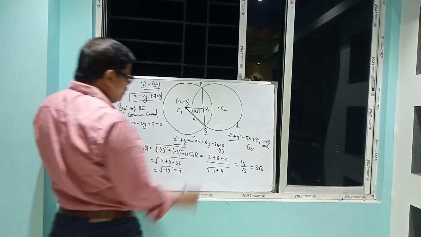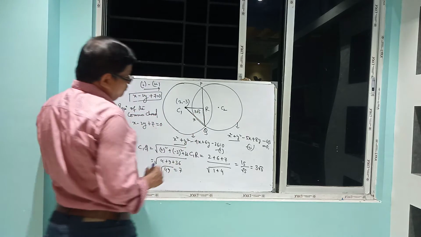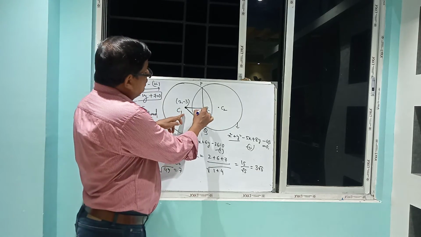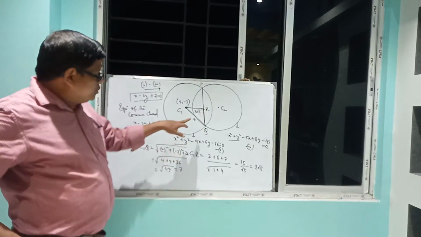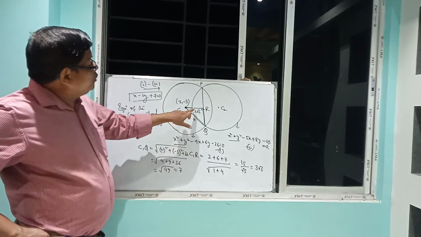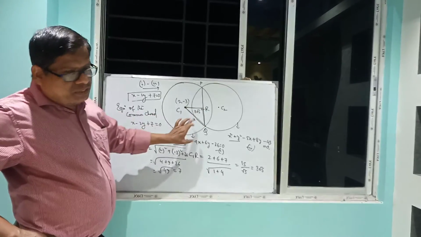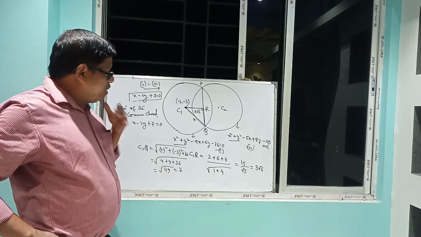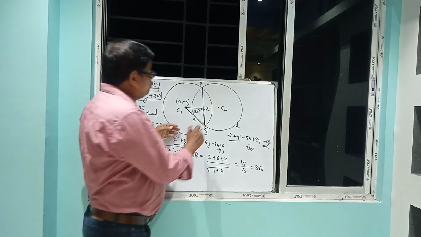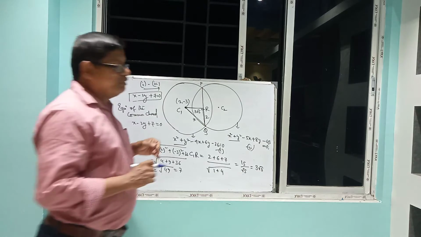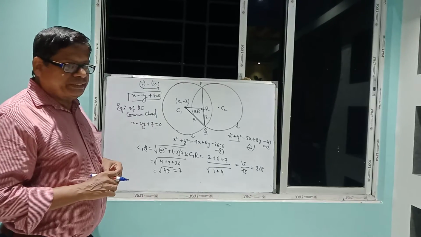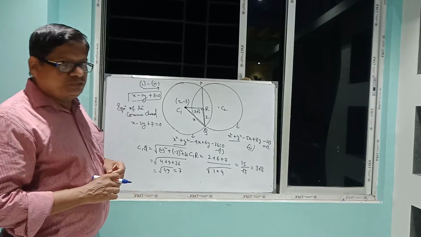Now find out this one. You know this 90-degree angle is there, Pythagoras theorem. So 49 equal to 45 plus this part, so it will be 4. Understood? Square root of 4 will be 2, so this part will be 2.